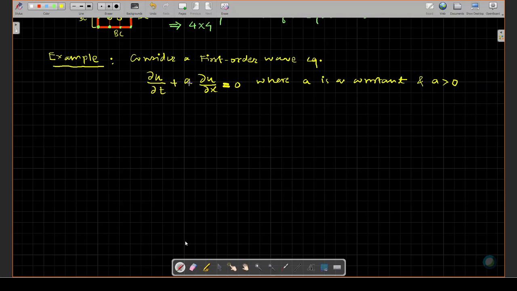If this is not constant, or if this is a function of u, then it becomes a non-linear equation. Now this is a linear equation, because this coefficient a is a constant. It is not a function of u, or of the dependent variable.